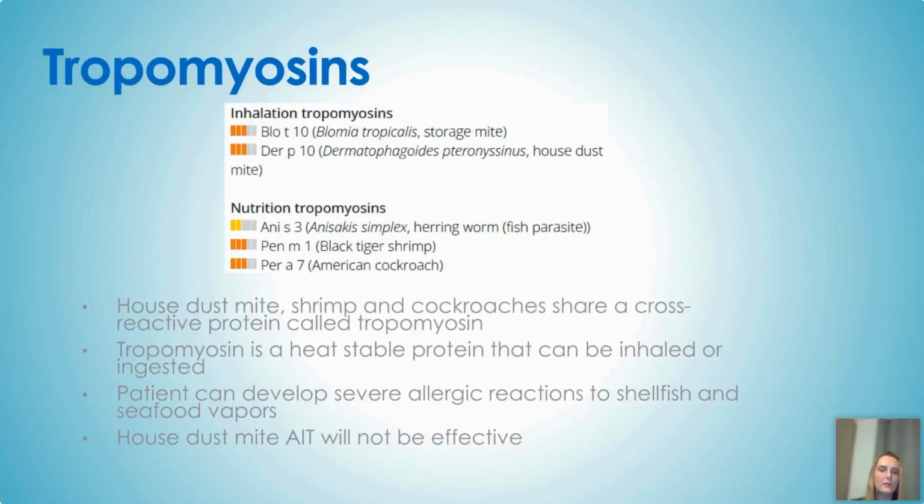So the house dust mite, shrimp and cockroaches share a cross-reactive component protein called the tropomyosin. And this tropomyosin is a heat-stable protein, and it can be inhaled or ingested. And patients can develop severe allergic reactions to shellfish and seafood vapors. And the house dust mite allergen immunotherapy is not always effective.